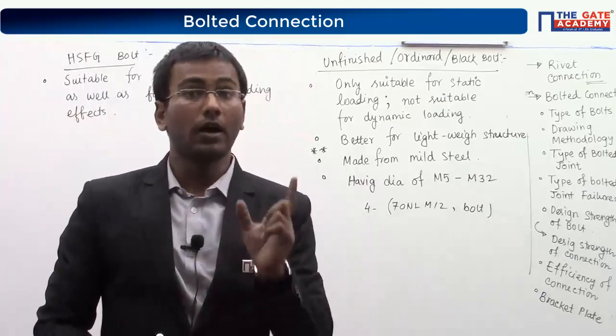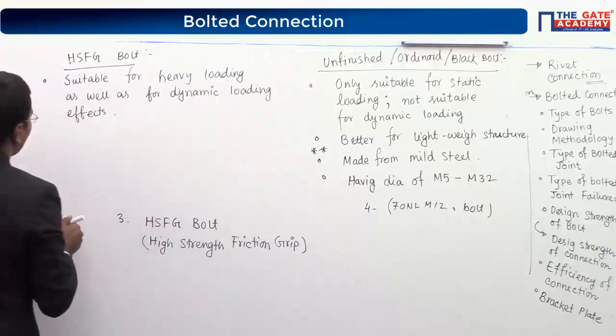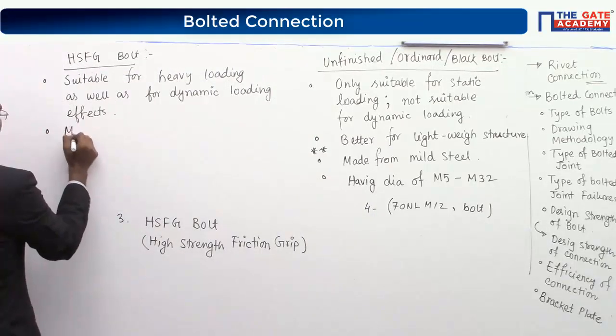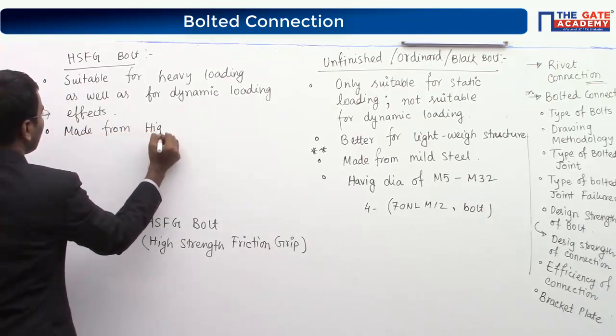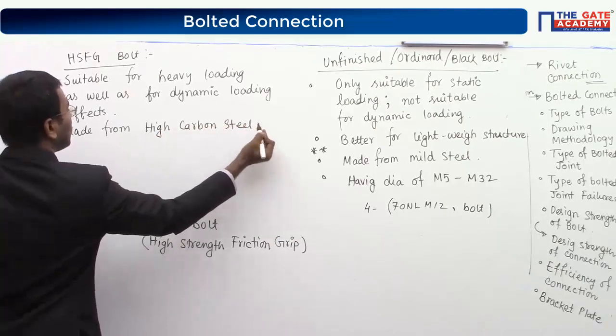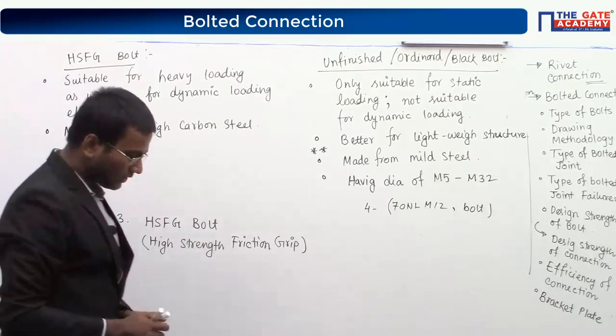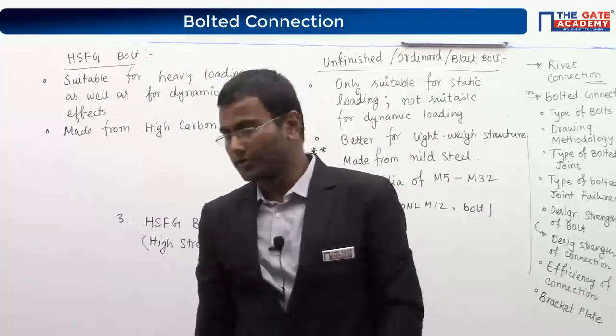They are made from high carbon steel. Please remember this one. Don't try to memorize, just think logically, and you will easily understand what type of steel is used for what type of bolt.